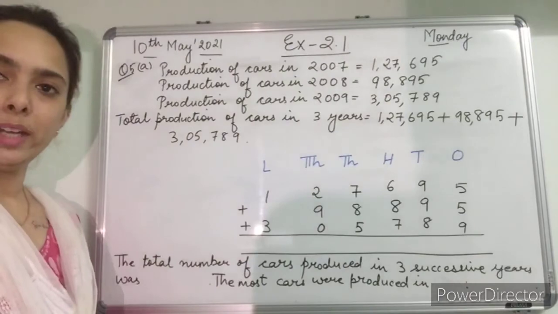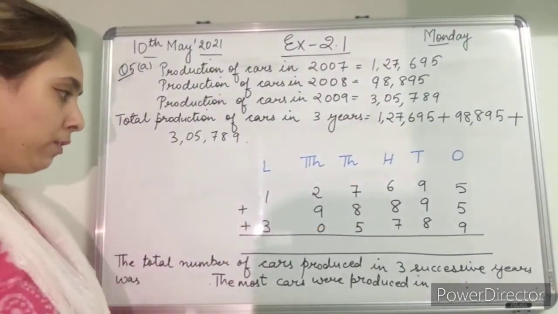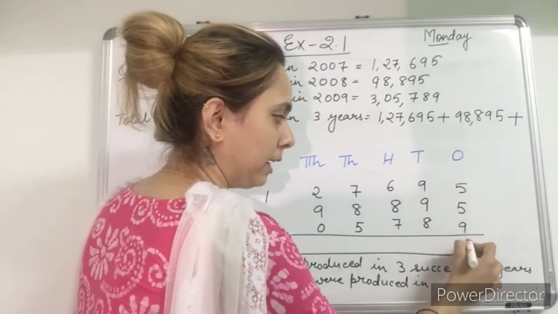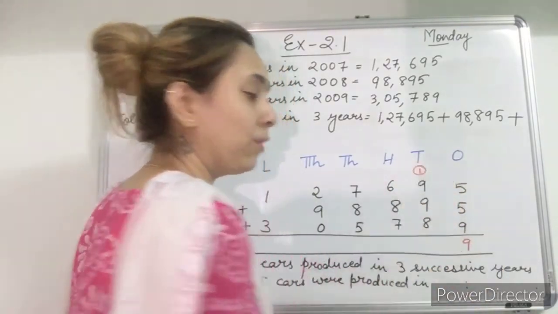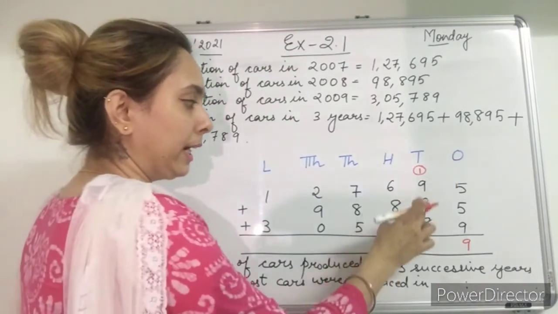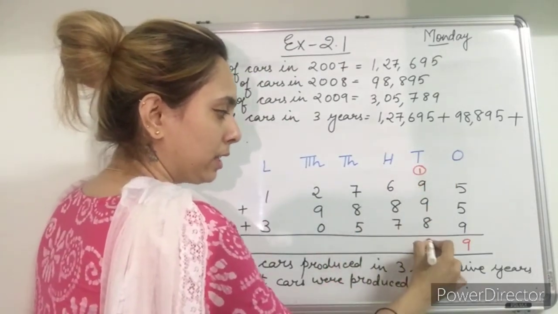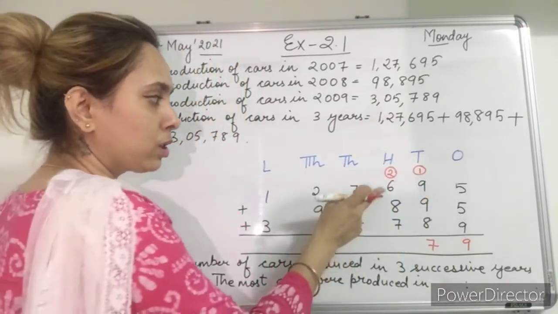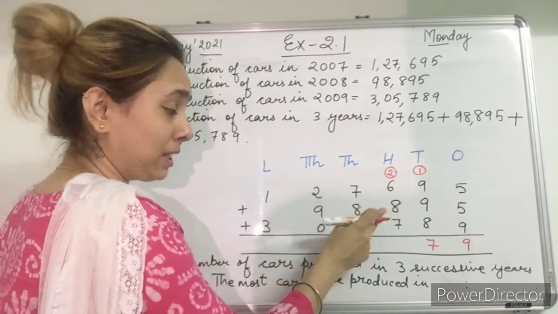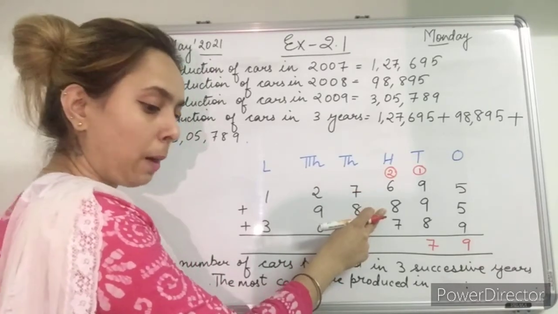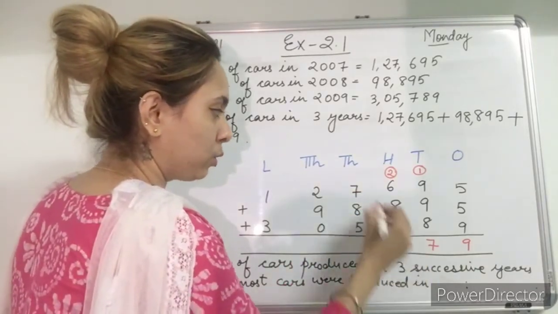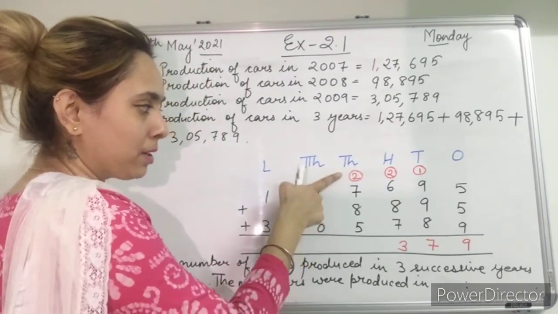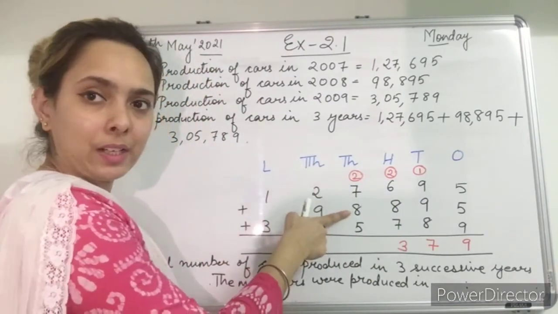So now let's write the place values and we will perform the addition. 5 plus 5, 10, 9, 19. 1 will be carried over. Again, the answer will be 27. 2 will be carried over. So 6 plus 2 is 8. 8 plus 8 is 16. And 16 plus 7 is 23. Now 7 plus 2 is 9. 9 plus 8 is 17.